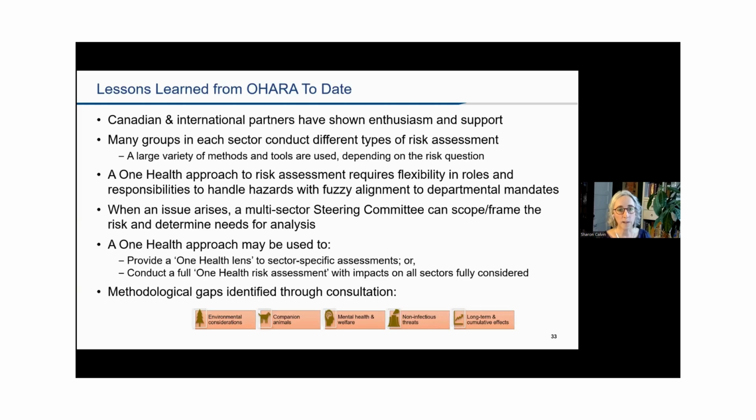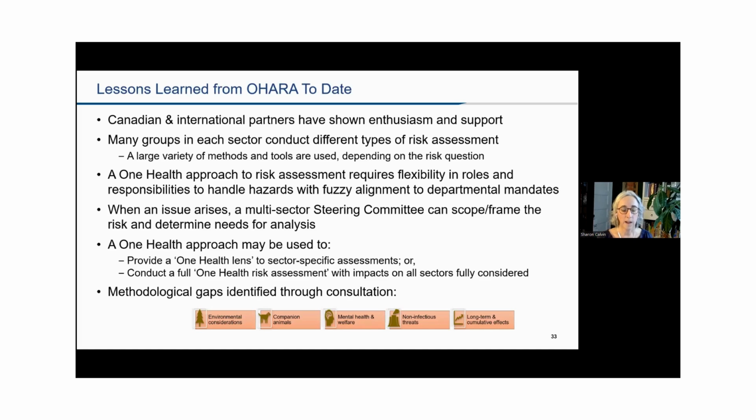We found that many groups in each sector are conducting different types of risk assessment, so there's a large variety of methods and tools that are used depending on the risk question. A One Health approach to risk assessment really needs flexibility in roles and responsibilities to handle hazards that have a fuzzy alignment to departmental mandates.